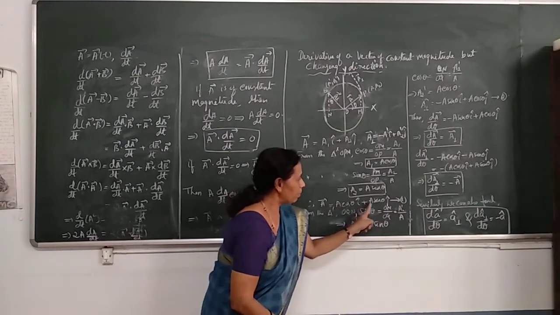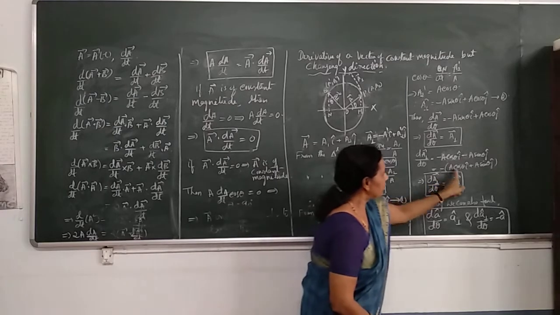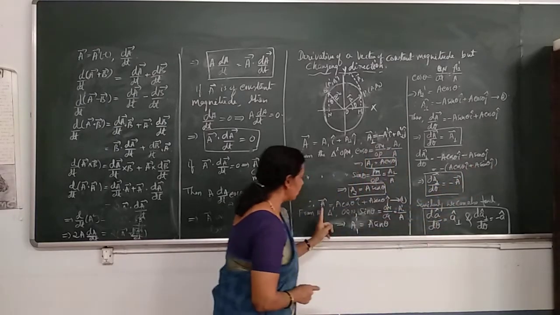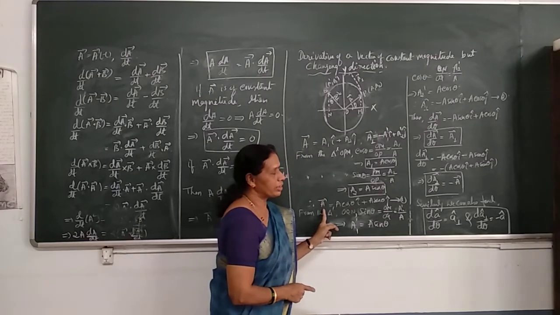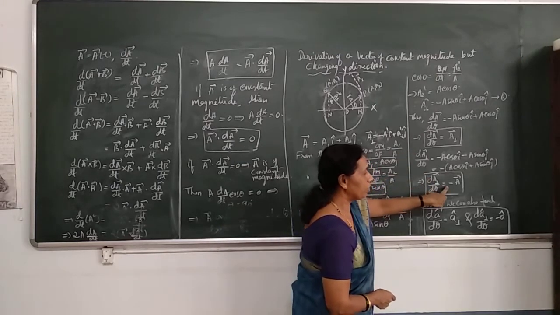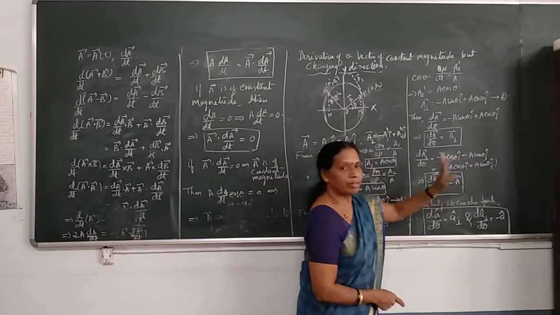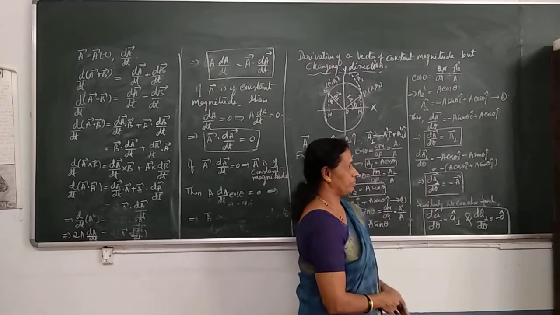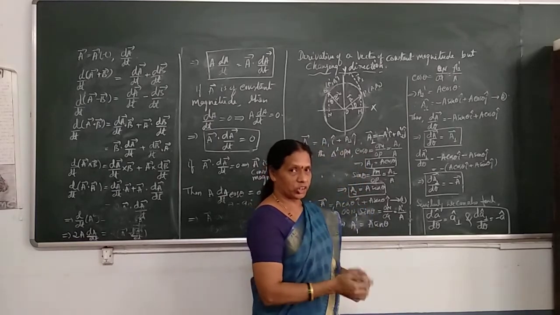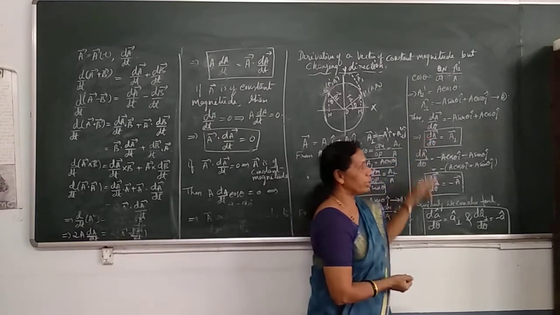A cos theta i cap plus A sin theta j cap. The term inside the bracket is nothing but equation 1. It is nothing but the A vector. So dA perpendicular vector by d theta gives minus A vector. This is another result. For all vectors of constant magnitude and varying direction, these two results are true.